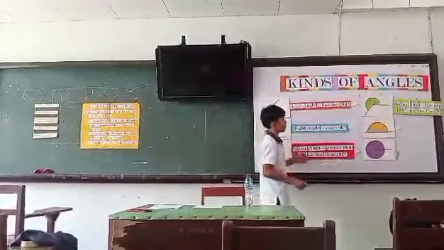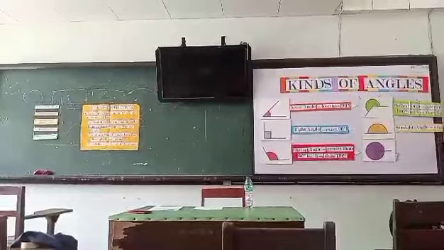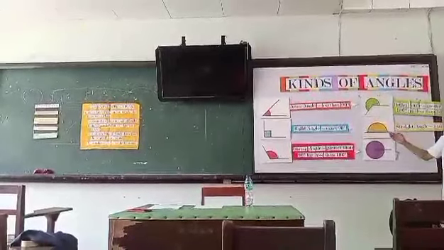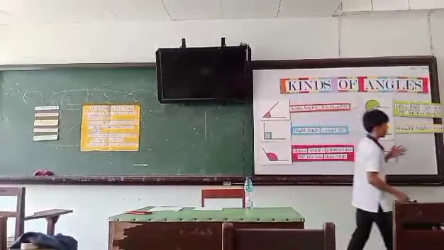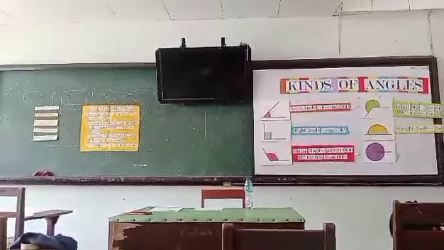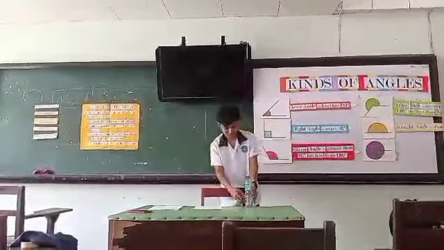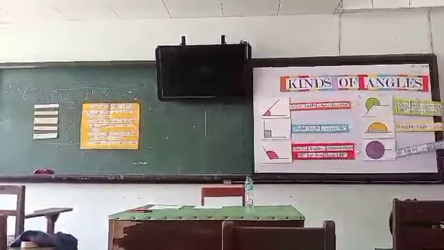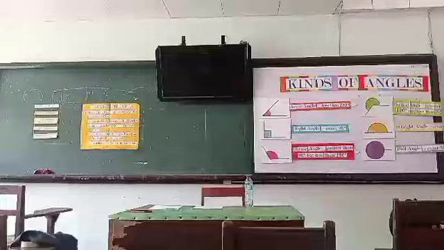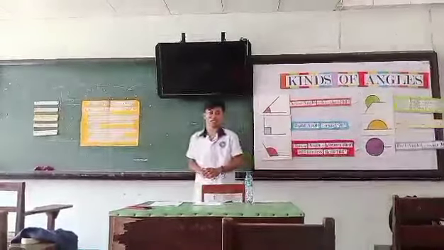And the fifth type of angle is the straight angle. The straight angle measures exactly 180 degrees. And our last type of angle is the full angle, which measures a total of 360 degrees.